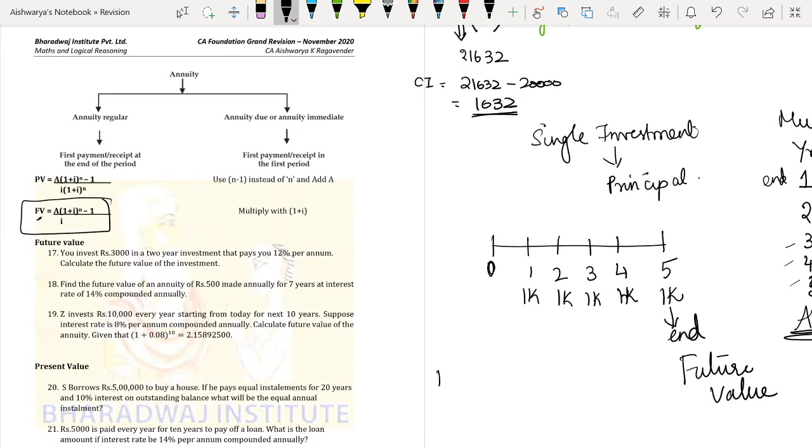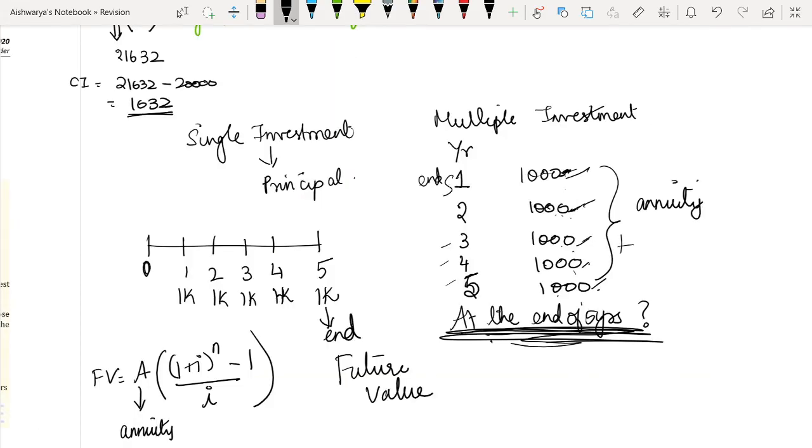What is this formula? FV is equal to A into (1 plus I) to the power n minus 1, divided by I. A here denotes annuity. Annuity means the amount that you're depositing every year. 1,000, 1,000, 1,000 amount deposited, and the periodicity gap between the two deposits is also the same.